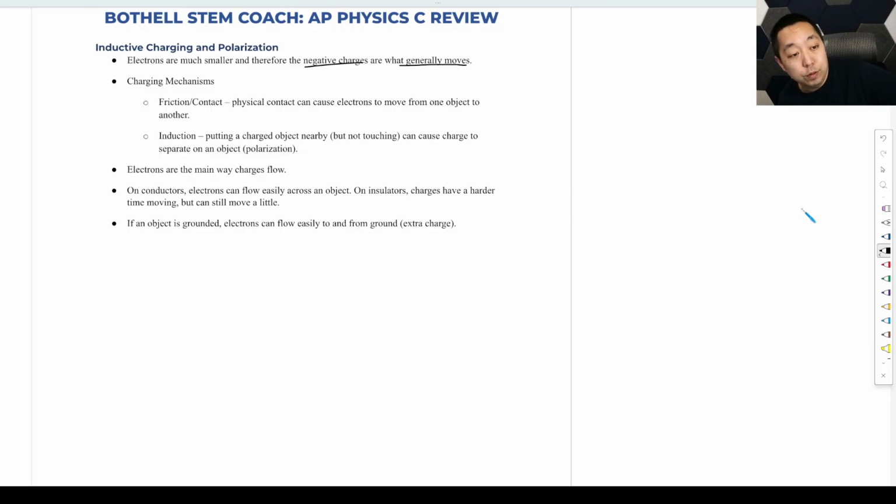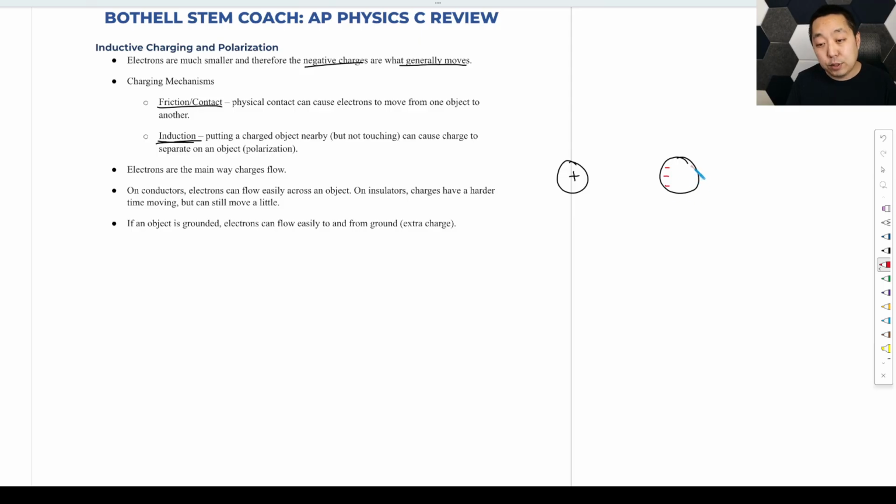Charges can move, and for a lot of objects, there's either friction or contact, so the charges can physically transport from one object to another. The electrons can move, or there's something called induction, which allows for polarization. That is to say, if you bring a positively charged object near another object that maybe doesn't have positive charges, the electrons on here are going to move in such a way as to be drawn towards here.